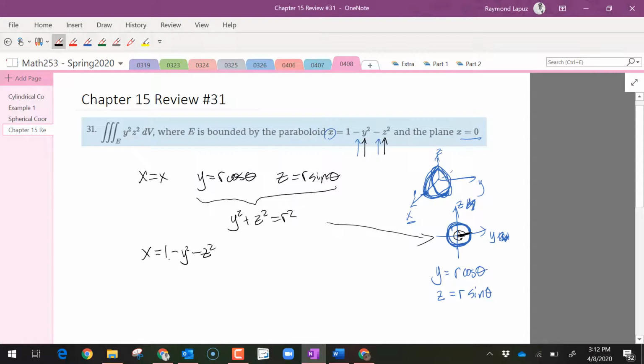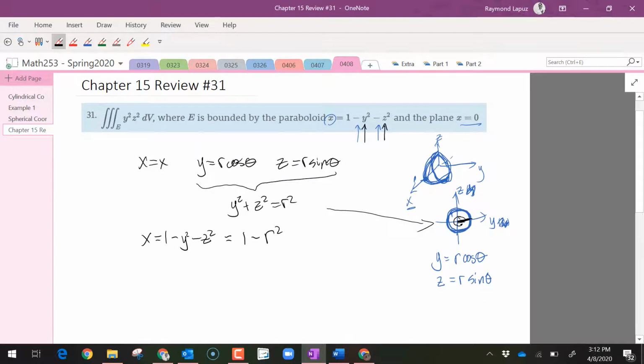Well, that's like 1 minus parentheses y squared plus z squared, which is equal to r squared. So this, in effect, will become 1 minus r squared. And that will end up being our top limit. So when we're ready, and we are, we're going to find our limits for x, and then r, and then theta.